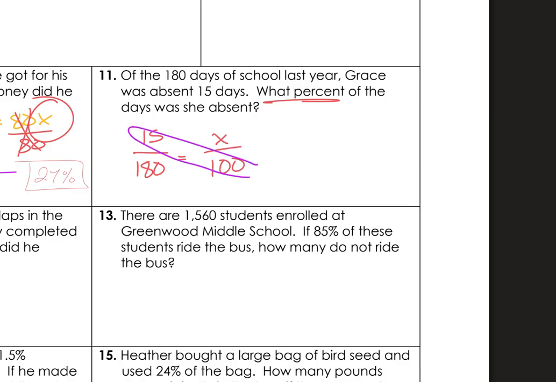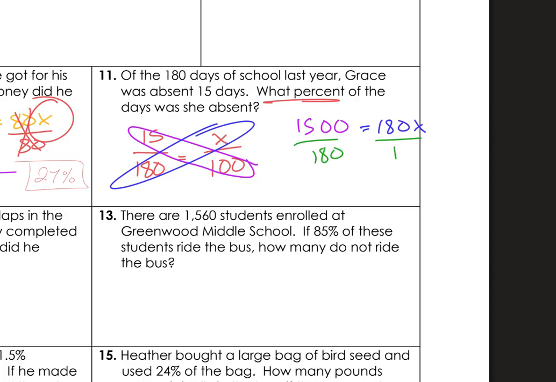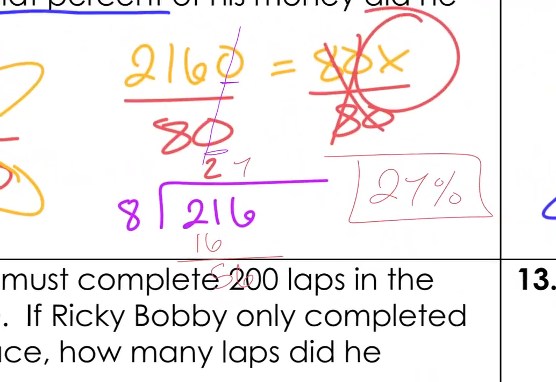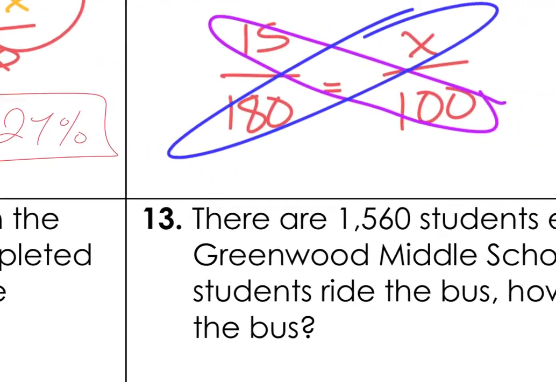We're now going to cross multiply, getting 1,500 equals 180x. We're going to divide both sides by 180. Then, like I said last time, we can cancel these zeros. So it's 150 divided by 18. Now remember over here where I said you could just simplify this, dividing them both by 2?